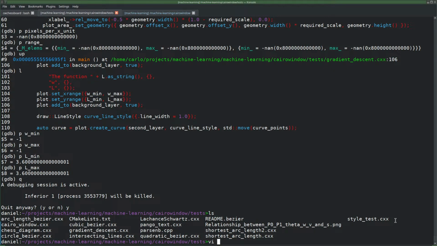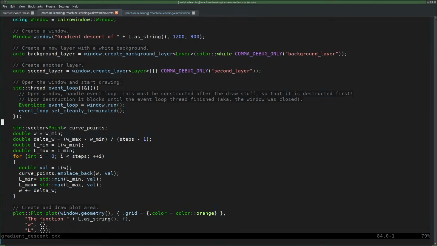LSVI. Where is the thing? Gradient descent. It's like this whole loop is empty. If steps is zero, then I would understand why. We just get these values and they are the same.